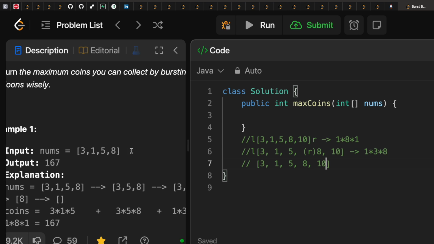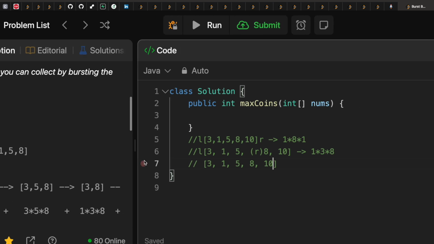So now what we are doing here is deciding to burst the fifth balloon.